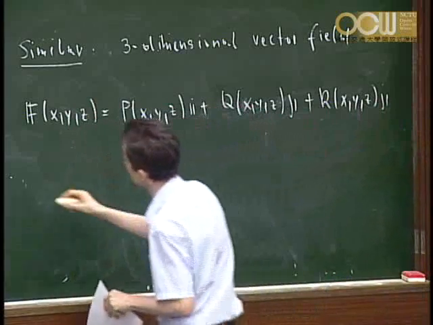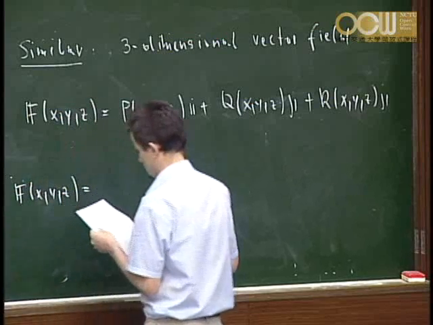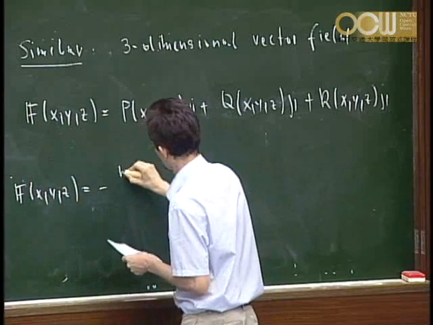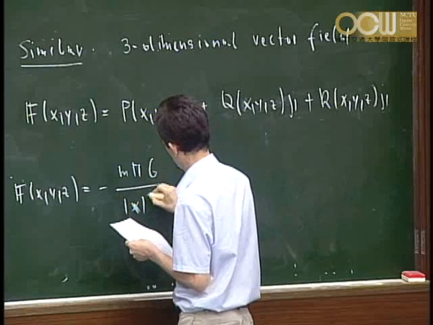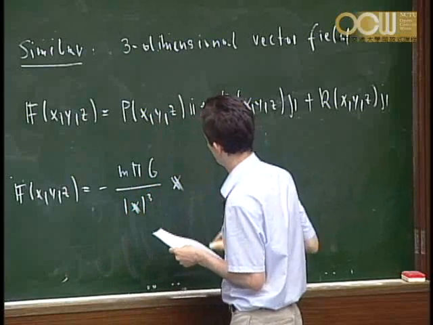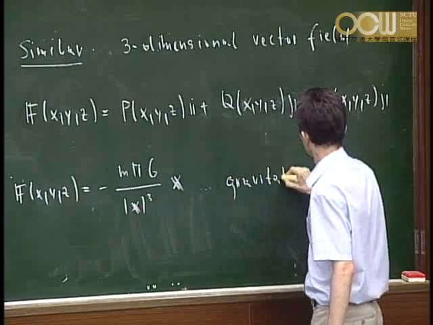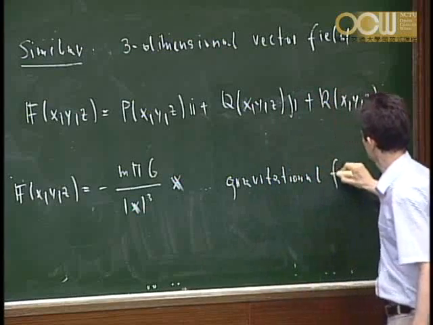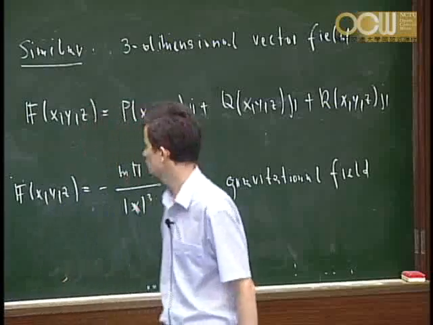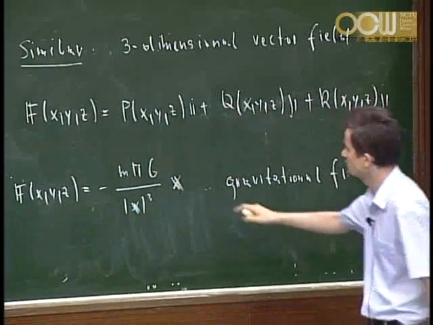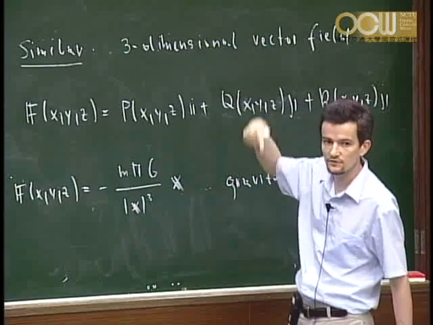So the gravitational field is normally described by Newton's law of gravitation. So this is a three-dimensional vector field where every point in space has attached a vector which points to the origin of the coordinate system.